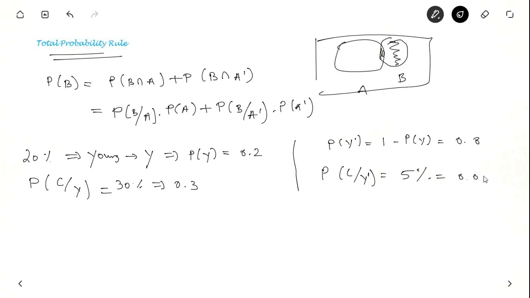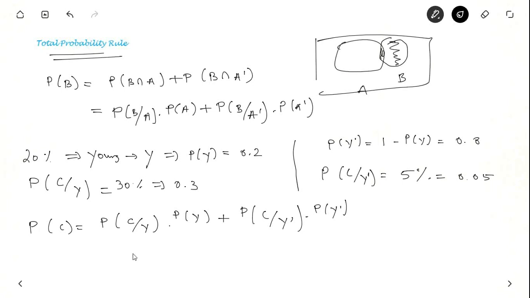Now we want to know the probability that an insurance claim happens. So the probability of C, according to this formula, is the probability of C given Y into the probability of Y, plus the probability of a claim given that he is not a young driver into the probability that he is not a young driver.